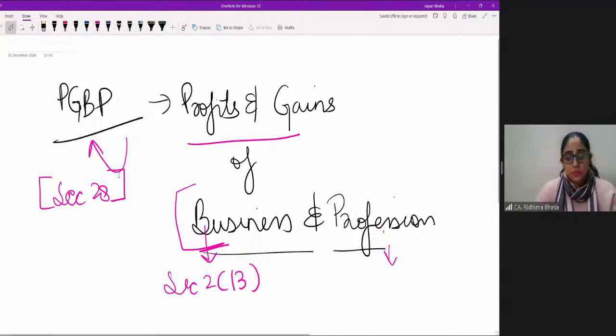Now, since we all know this is a huge chapter and we have good classes dedicated to it, just to give you a rough understanding of how we will go through this chapter, I'll begin with section 29, which tells you how to compute profits, and then all the deductions from section 30, 31, 32, and so on, 35, 36, 37. These are very, very important.